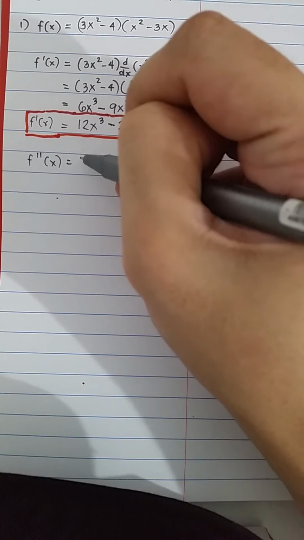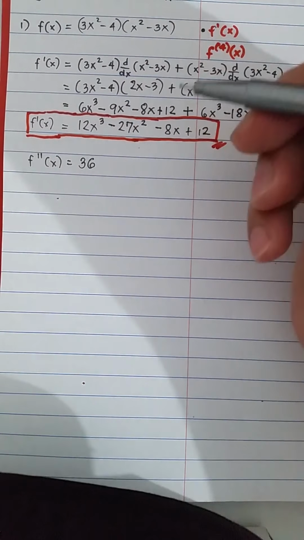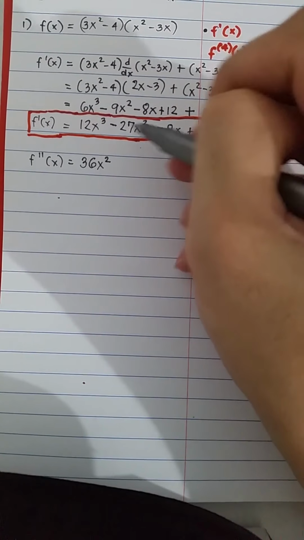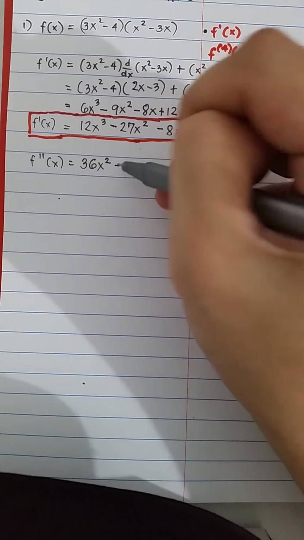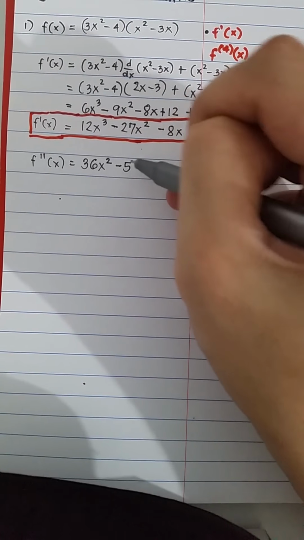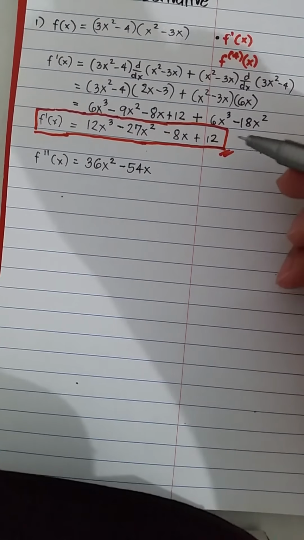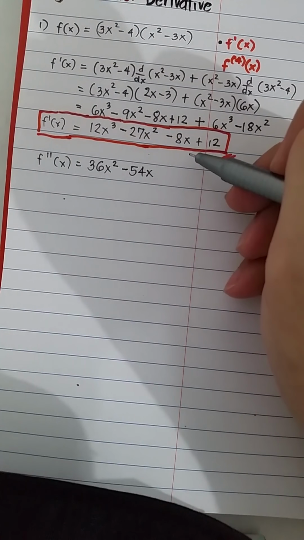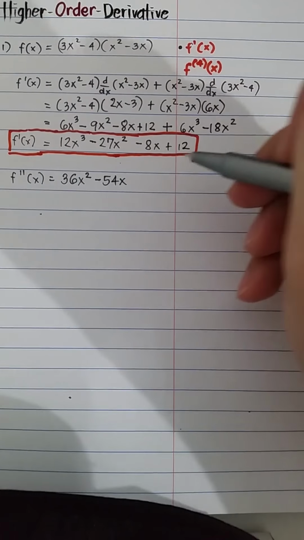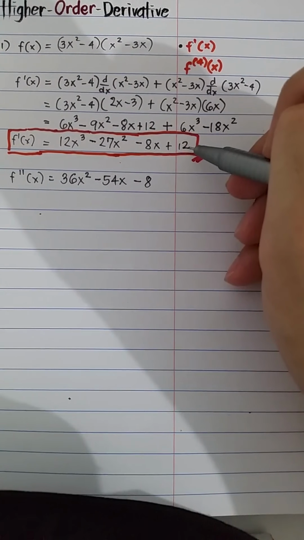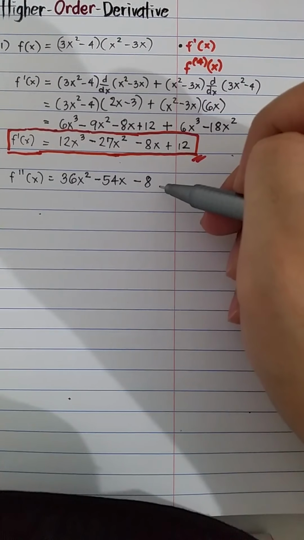So this is 36x squared. 2 times negative 27 is negative 54x, and then the derivative of negative 8x is negative 8, and this one is 0.